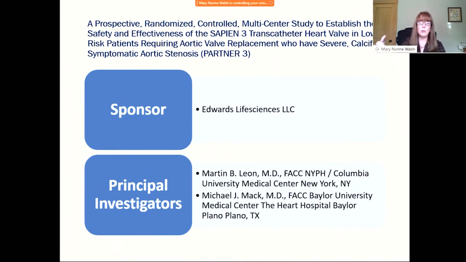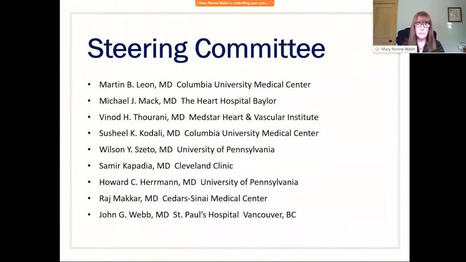So I just wanted to show you a fairly recent trial, Partner 3, and go through all these various things I just said and how they play into this one trial. So Edwards Life Science was the sponsor of Partner 3. The principal investigators were Michael Mack and Marty Leon. Here's the steering committee. Sidebar, not as diverse a steering committee as one would have hoped, and hopefully things are changing in that regard.